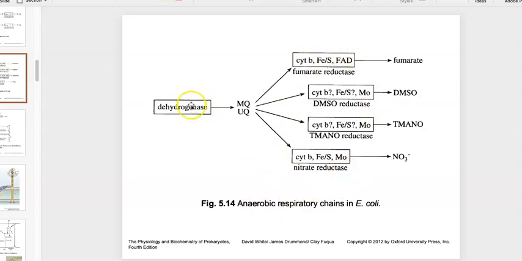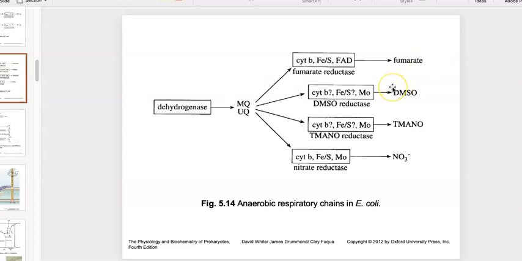So again, the dehydrogenase pulls electrons from electron carriers to the quinones, and then the quinones can, depending on which electron acceptors are present, so if fumarate is present in the microbe's environment, then it will produce a fumarate reductase. And then that will grab electrons from here and transfer those electrons to a variety of carriers, and then ultimately to fumarate as the terminal electron acceptor.